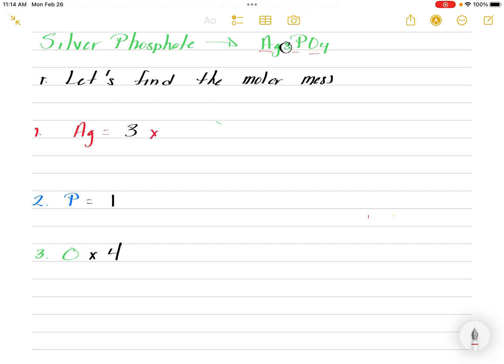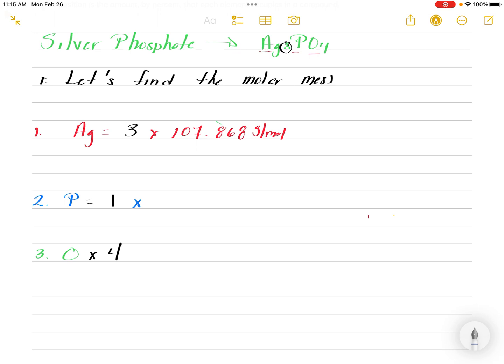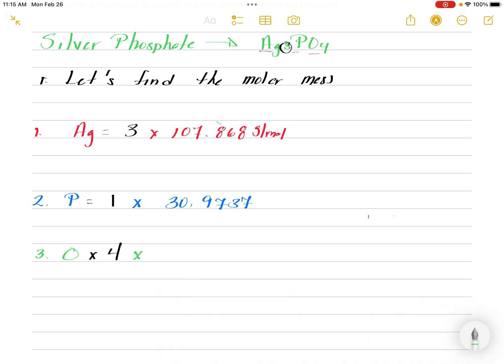I'm going to use the amount and multiply it by the atomic mass of each element, in grams per mole. Phosphorus is going to be times 30.9737. And where am I getting these numbers? I'm getting these numbers from the periodic table because this is just the atomic mass of each element.